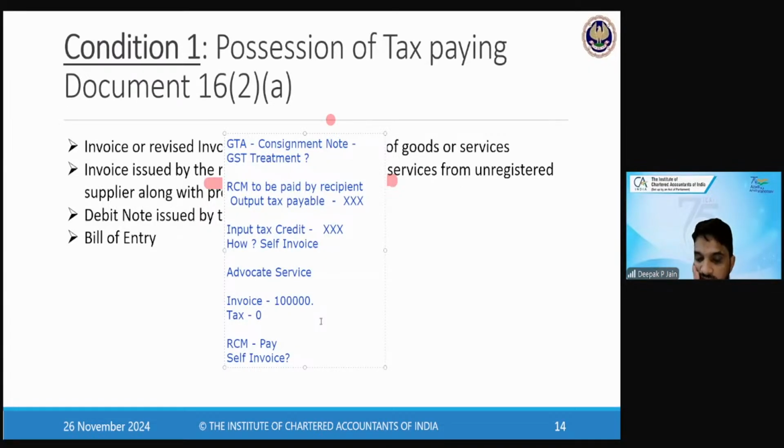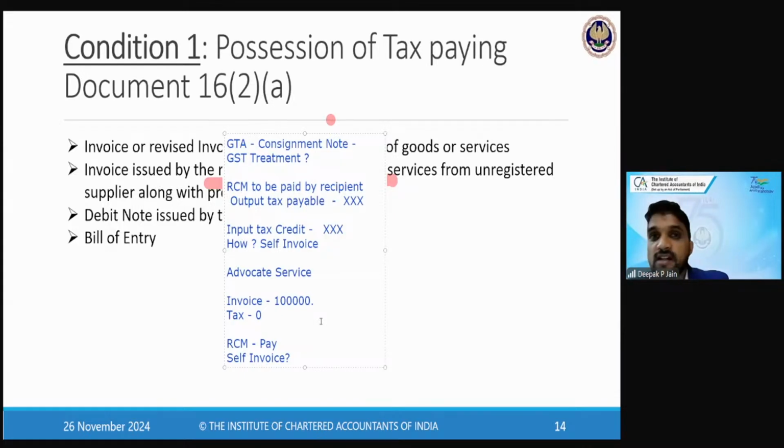Okay, sir. Sir, is it okay if the advocate person is not filing the GST? If he is registered, then he has to file it. He may not pay taxes to the government, that's fine. But his return is very important. He will have to show how much sales he has made and to whom, because he will file a statement called GSTR1.